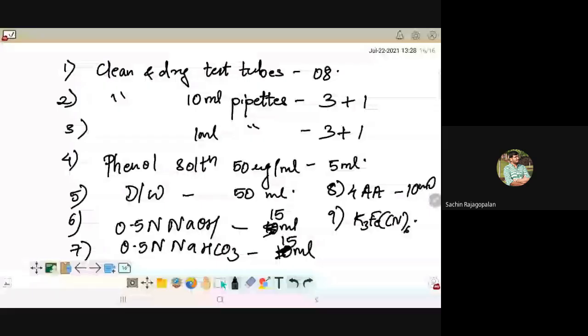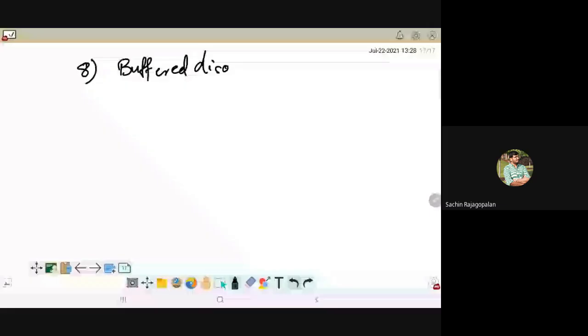Other than this, for inoculation and for test, you will need other things as well. So you'll need the substrate, the buffered disodium phenyl phosphate. That around 3 ml should be enough. You will need sterile nutrient broth to do the inoculation, right?